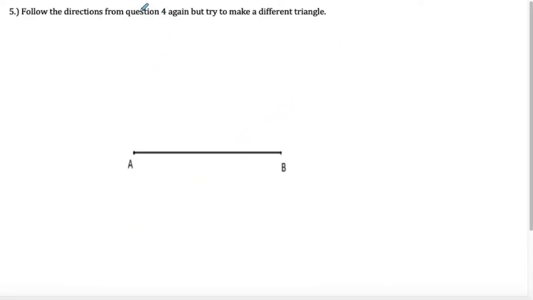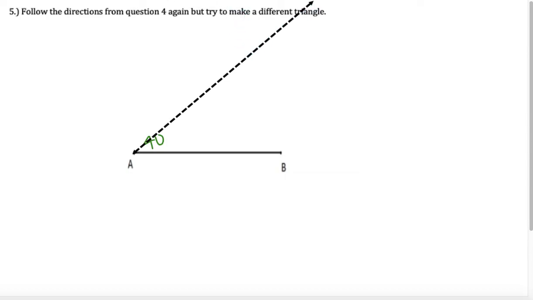Then, number 4, I want you to do the same thing. You're going to get 40 degrees down here. I need you to extend this side up through the 40 degrees.